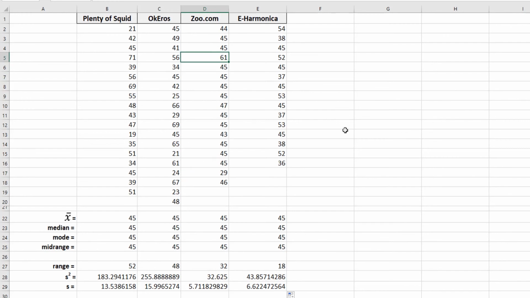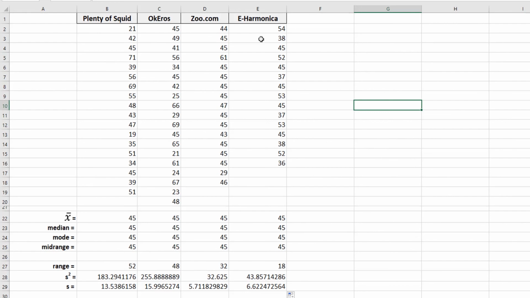All of the other numbers are very close to 45. If I take a look at this last one, I have quite a few other outliers. That means that this one, even though it has a smaller range, the data is way more scattered. There are very few numbers that are right near my mean, median, mode, and mid-range.